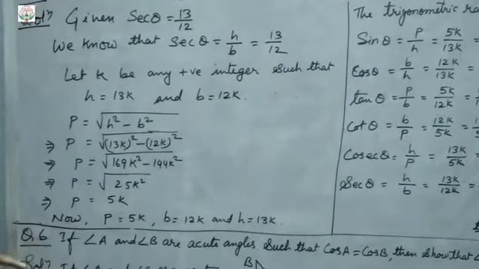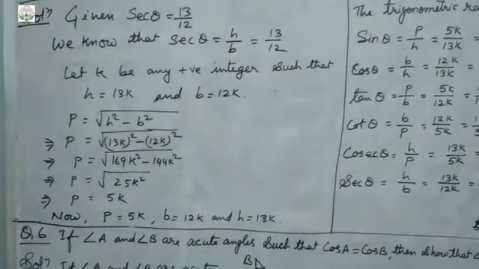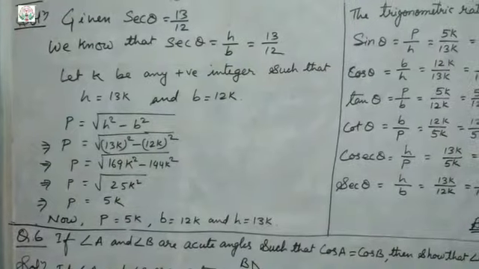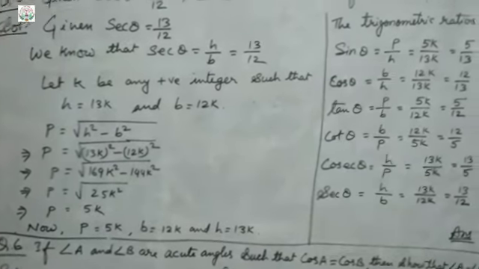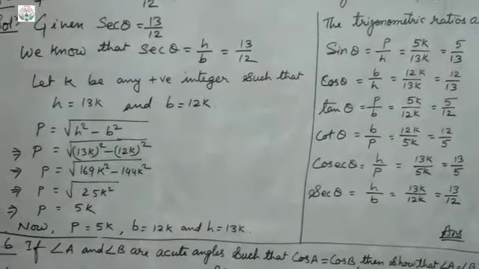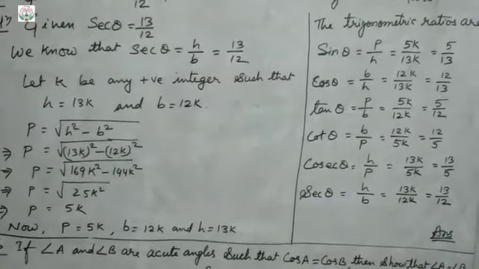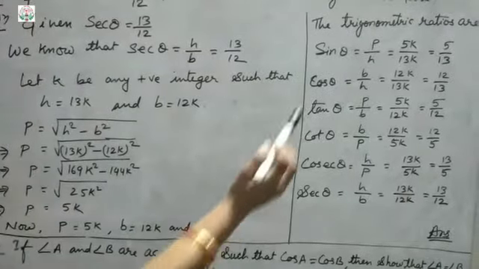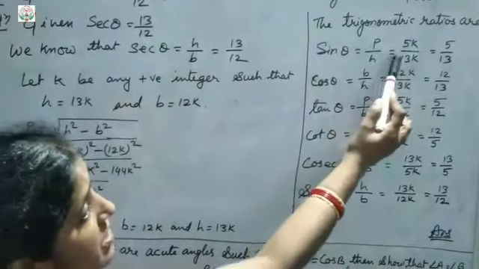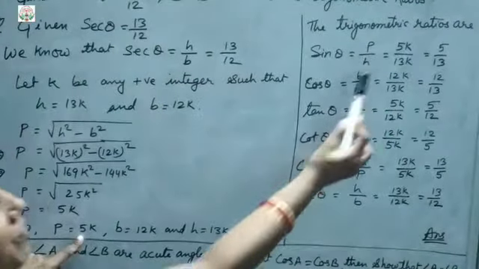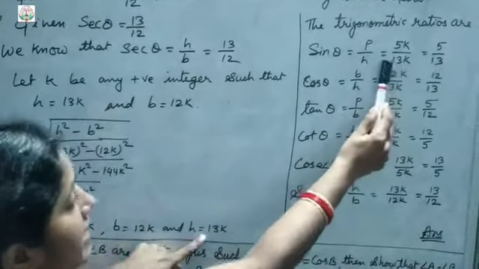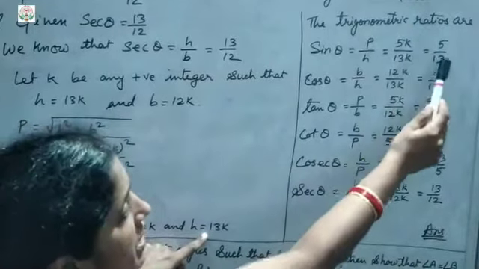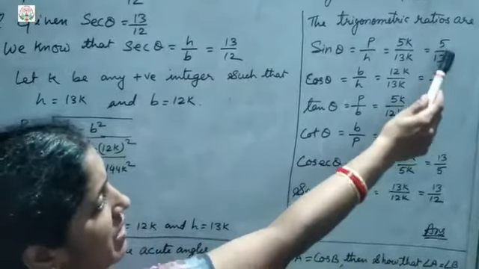Then we can easily find all the trigonometric ratios. Sin theta equals P by H, that is 5K upon 13K. K gets cancelled and we get 5 upon 13.